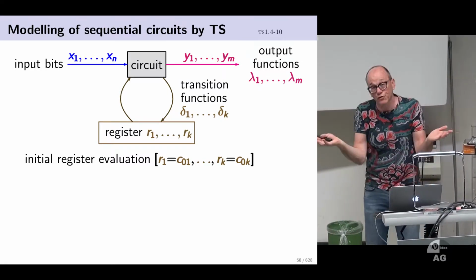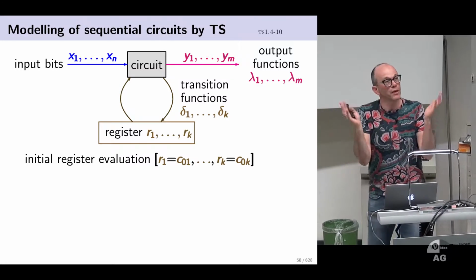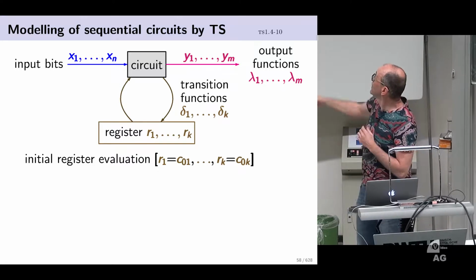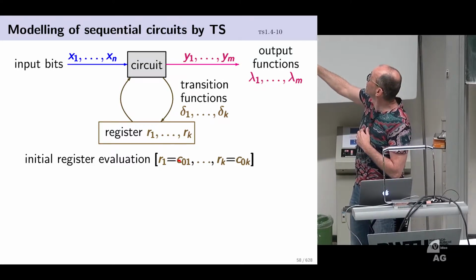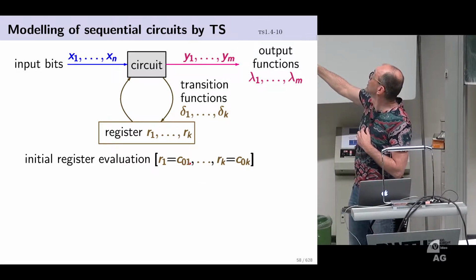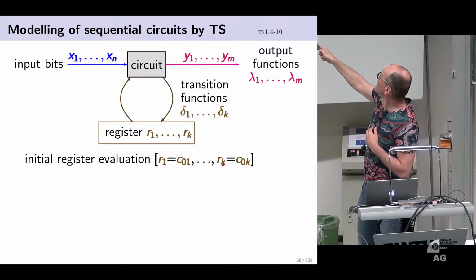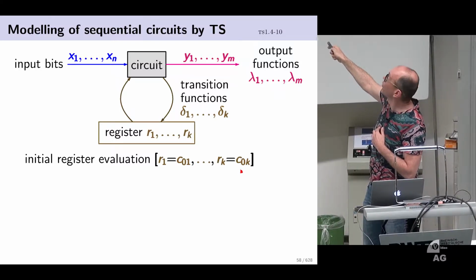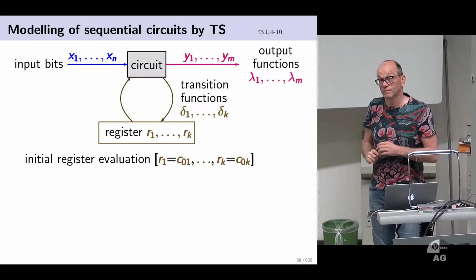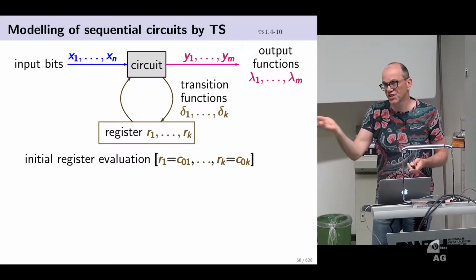Typically, these are only zeros, for instance. You say basically by default, all registers initially are 0, which means register 1 initially has a value C01. The 0 stands for initial, 1 stands for the register we are talking about. So the kth register has an initial value C0 for that register K, which means C0K. For the moment, just assume all those C0s are 0.